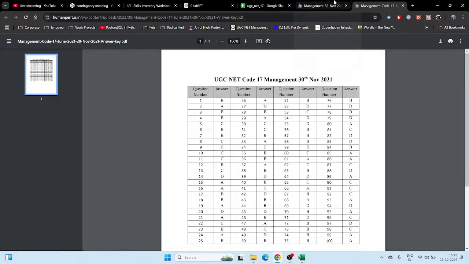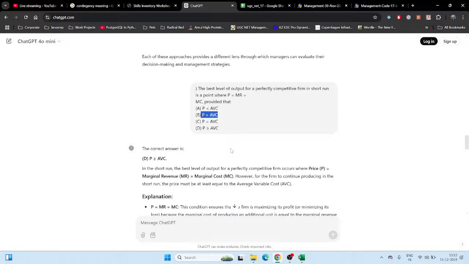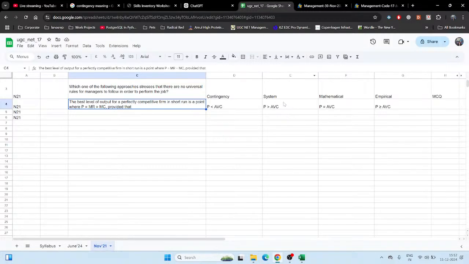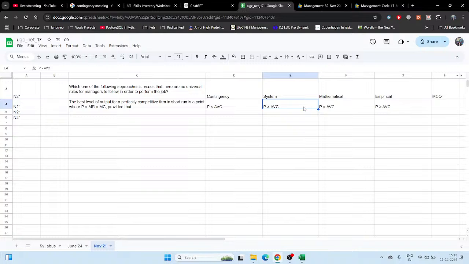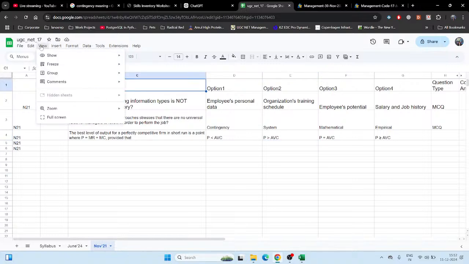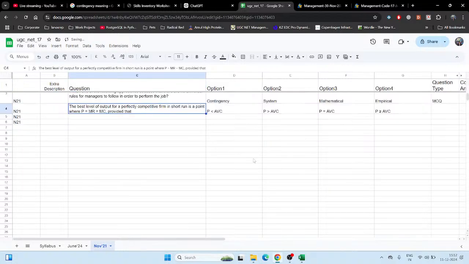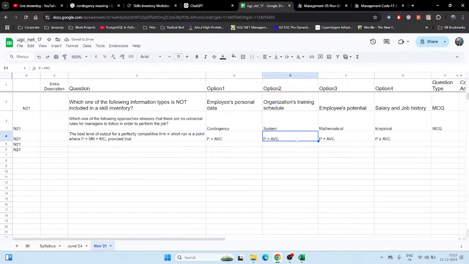Third, what is the answer for that? B. Yeah, it is greater than C. ChatGPT is a little wrong here. Technically, both are the correct answer, but this option B is better.